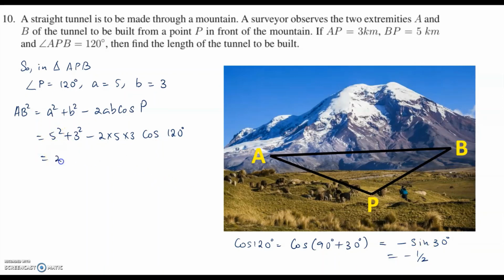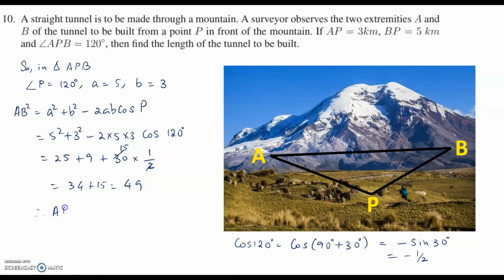So filling all the values, 25 plus 9 plus 30 into 1 by 2, since minus and minus will become plus, so this is 15. So your answer is 34 plus 15, which is 49.